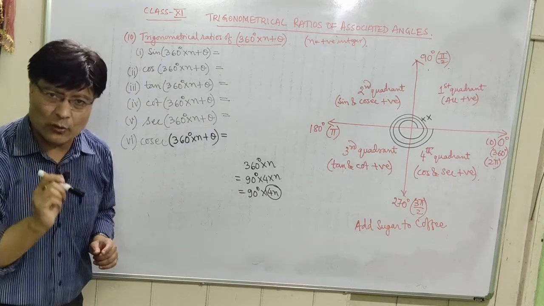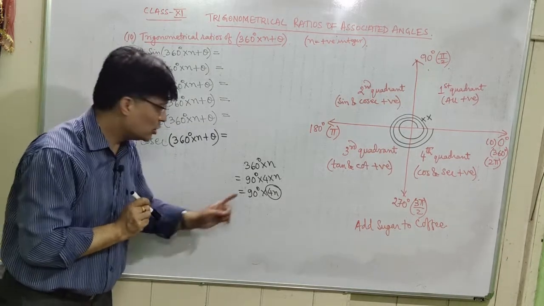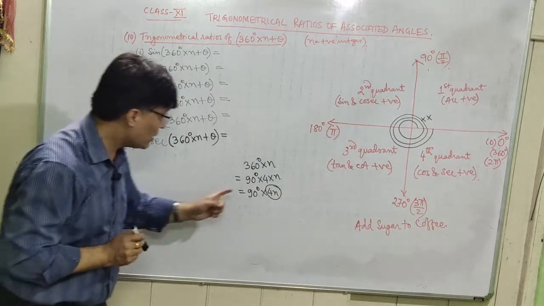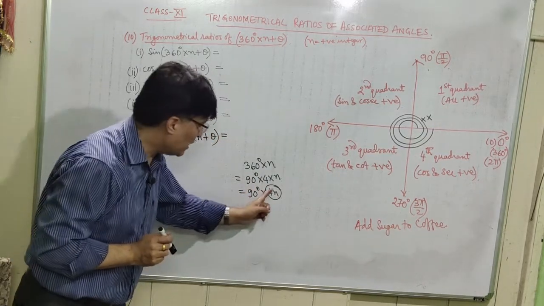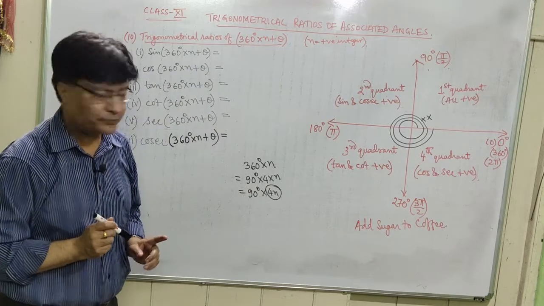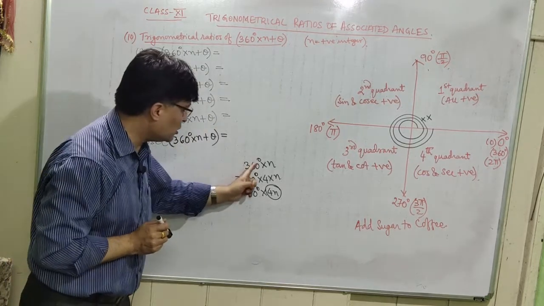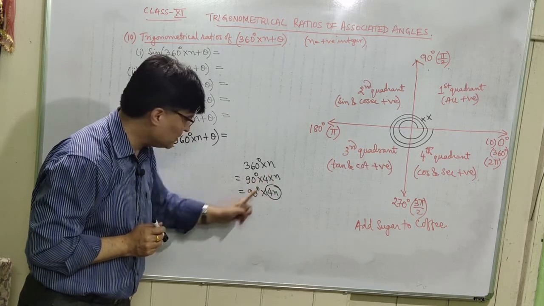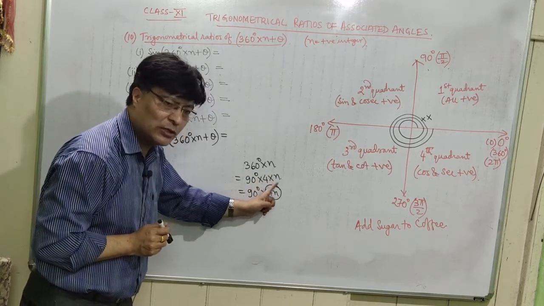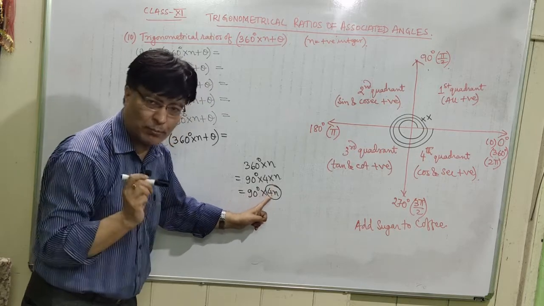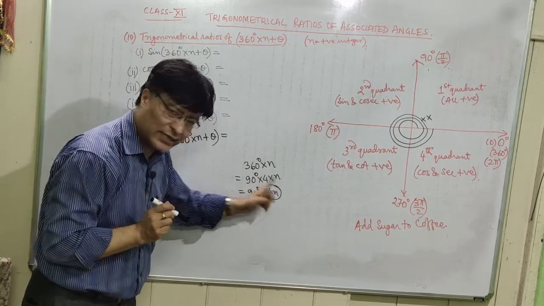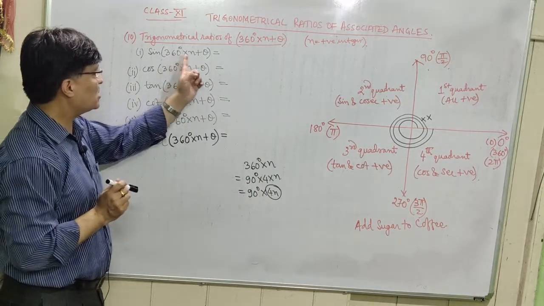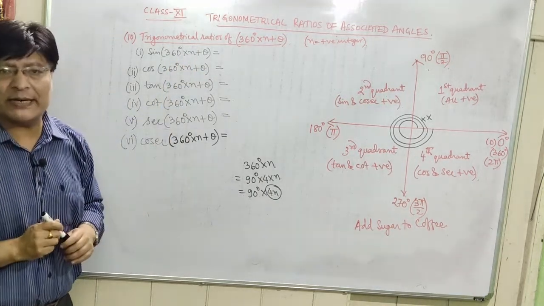This 4n is always an even integer. So 360 degree into n is an even multiple of 90.